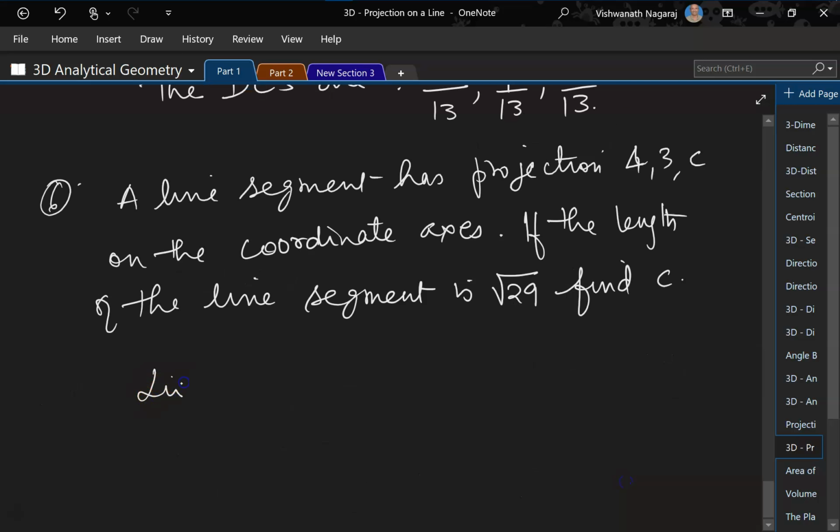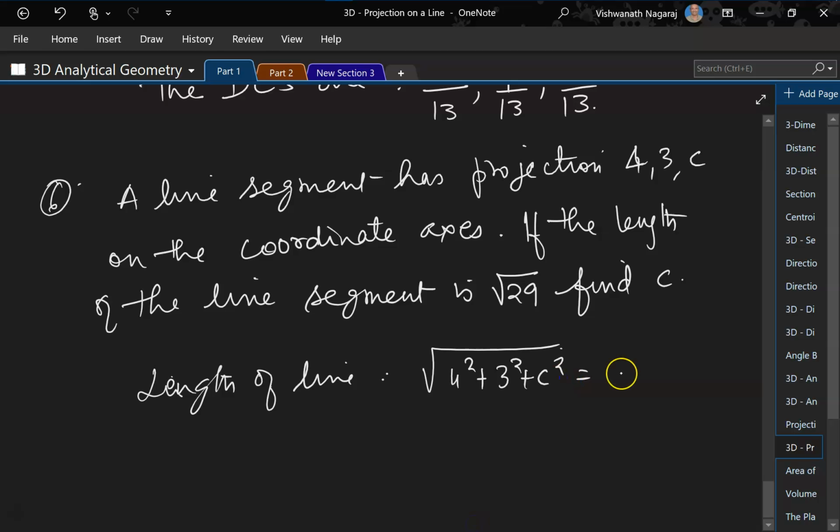Again pretty straightforward: length of line is the square root of 4 square plus 3 square plus c square, and length is given as square root of 29. Squaring both sides, we get 16 plus 9 plus c square is equal to 29.